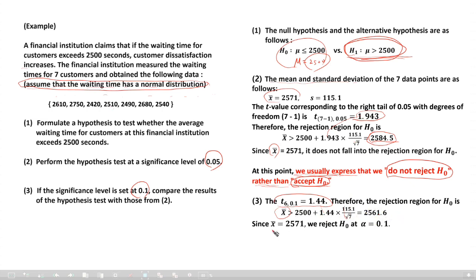Now, X bar is included in this area. So you reject H0 at alpha equal to 0.01. When alpha equal to 0.05, you don't reject H0. But when alpha equal to 0.1, then you reject H0. Different result, right? Depending upon the significance level.